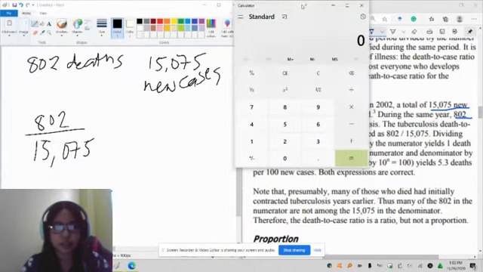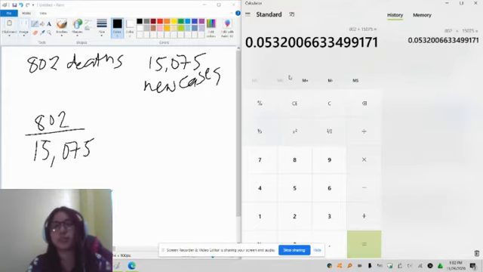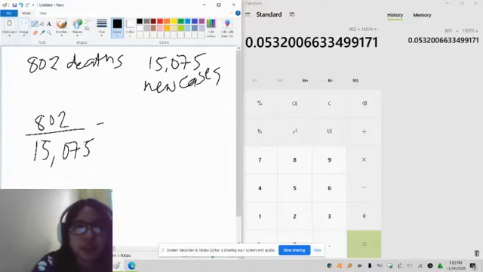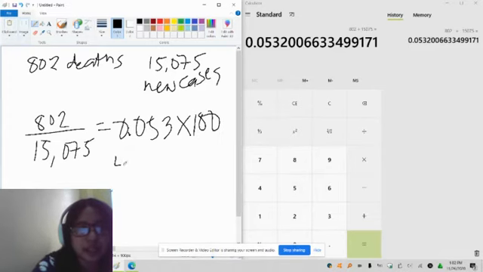Let us use the calculator here so that you can see the computation. 802 divided by 15,075, and the answer is equal to 0.053. So instead of dealing with this very low number, we can actually multiply this by 100 and this will give us 5.3.